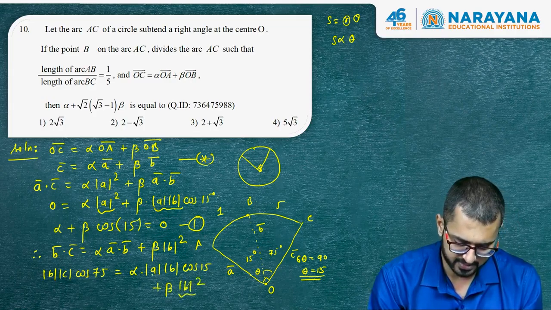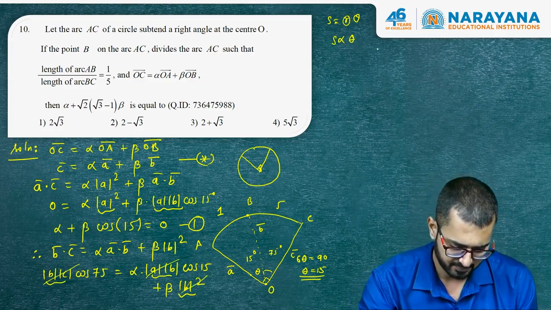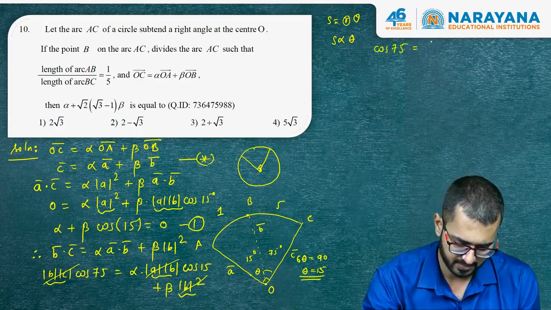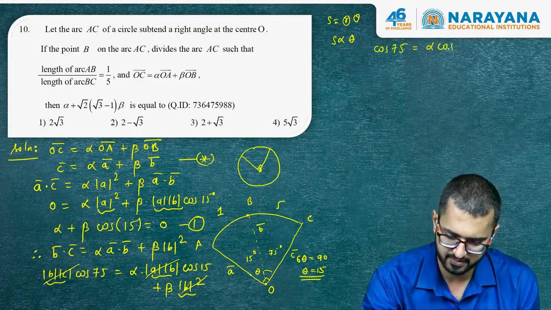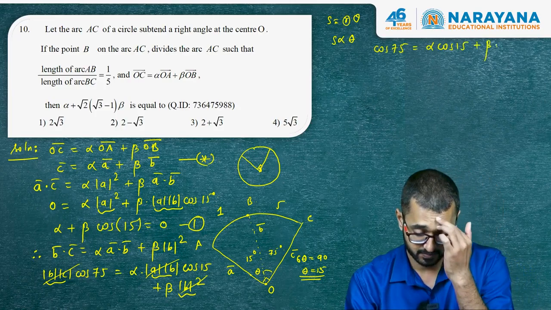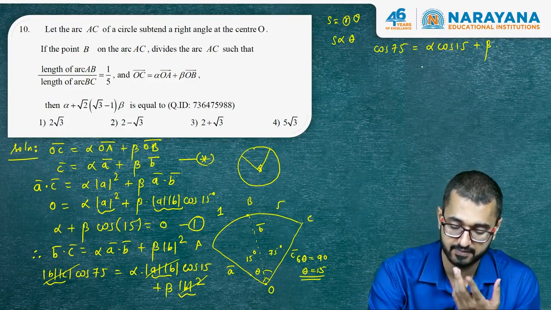We know these are all the radii of the circle, so they will be completely gone from the equation, and I'll be left with cos 75 equal to alpha cos 15 plus beta. So we know all these values, cos 15, cos 75.